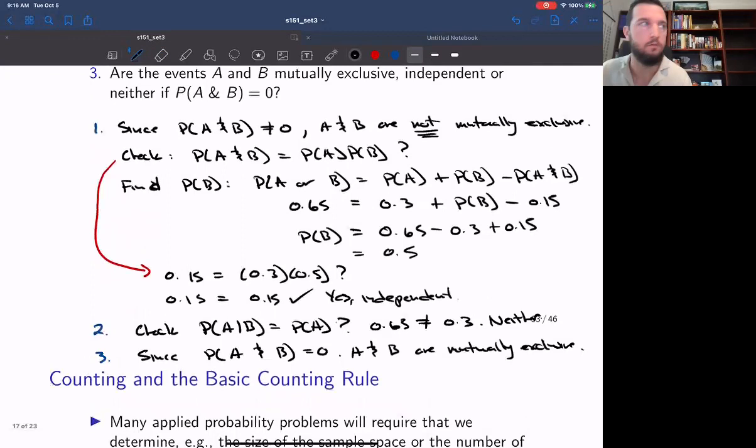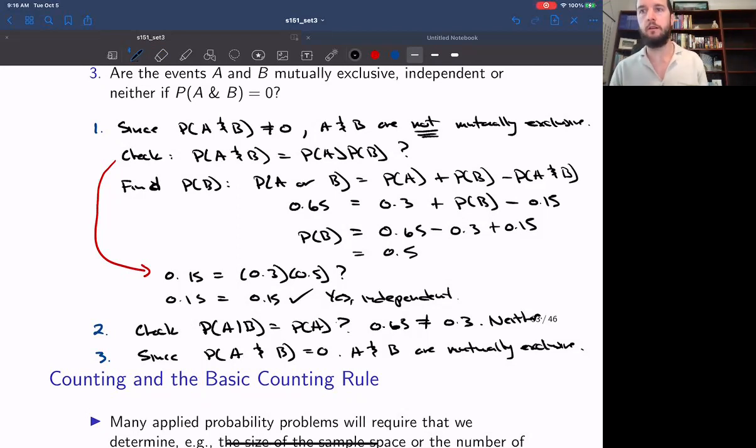Any questions? Min, would 2 be considered dependent then?